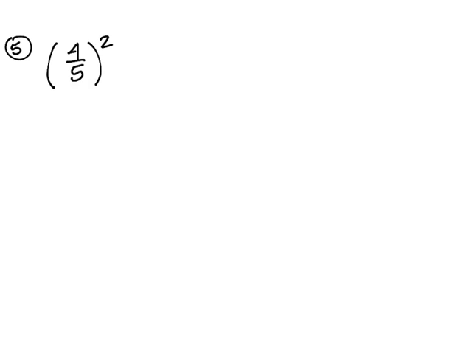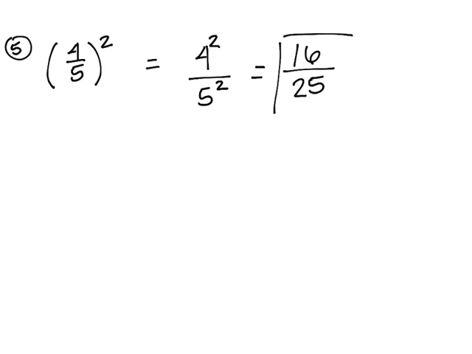4/5, and we're going to raise it to the second power. So that's just straight put the 2 on the 4 and put it on the 5. So what is 4 squared? 16. What's 5 squared? 25. That's your answer. Does that make sense?